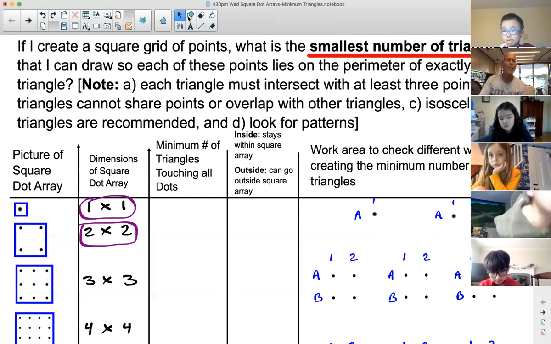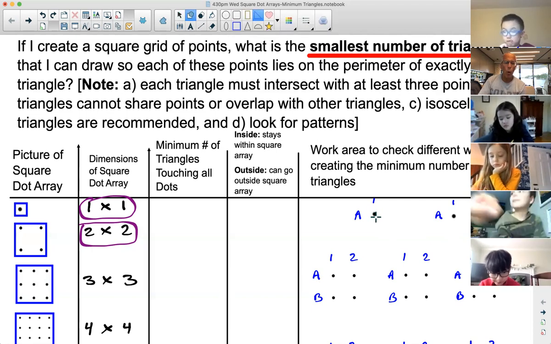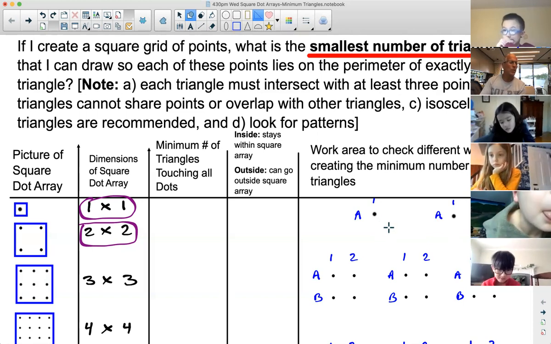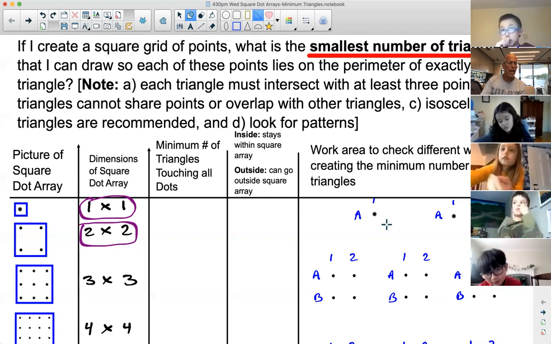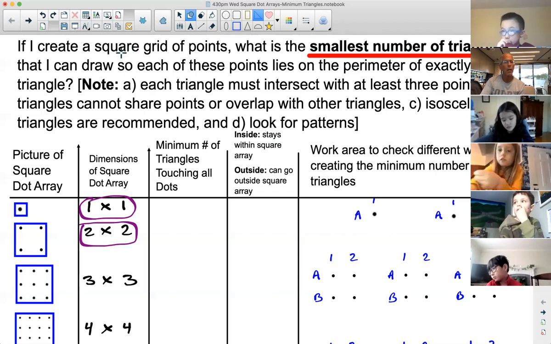So can anybody tell me the solution for a 1 by 1? What is the minimum number of triangles that we can use to touch that 1 dot? Based on the rules that I gave you, Hayden, can you speak up? 0. Does everybody agree with her?